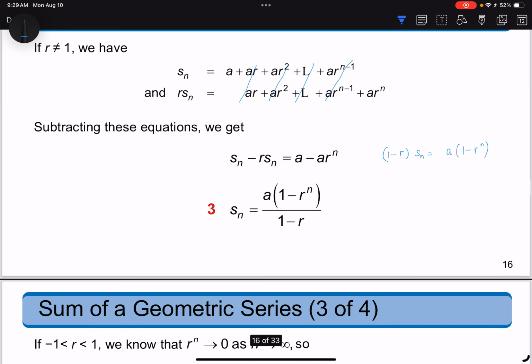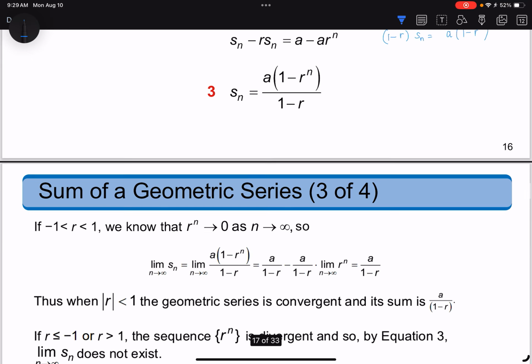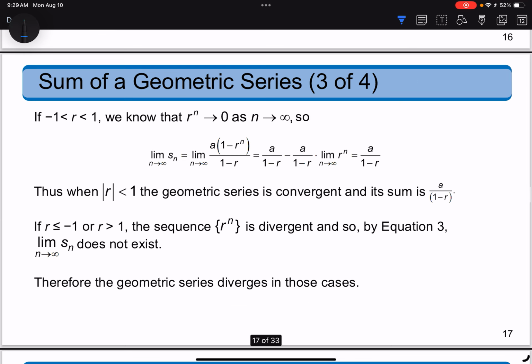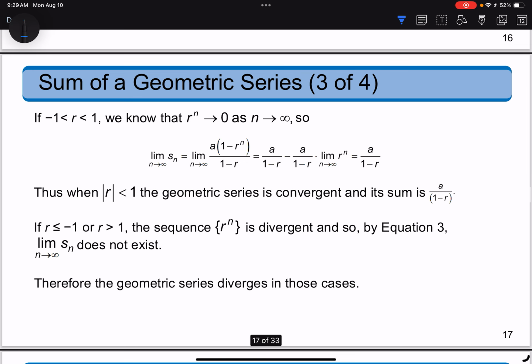So we're going to evaluate this as n approaches infinity if we have r in between negative 1 and 1. We know that r raised to n would approach 0 as n approaches infinity. So if you have a fractional component less than 1, raising it to infinity, or to a very large number, it would approach 0.